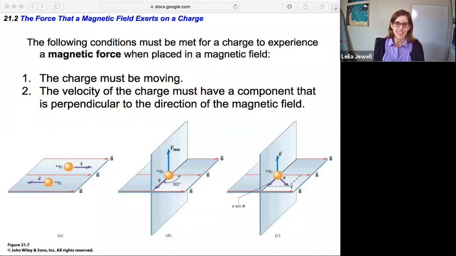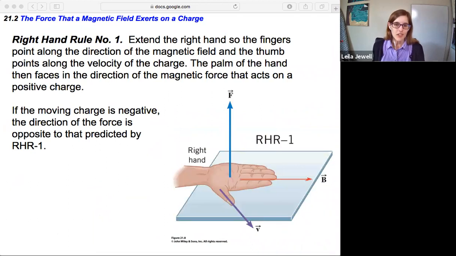The direction of the force can be shown with the right-hand rule. For the right-hand rule, you're going to extend the fingers so that they point along the direction of the magnetic field, and the thumb points along the velocity of the charge. The palm then is going to give you the direction the magnetic force acts on a positive charge.